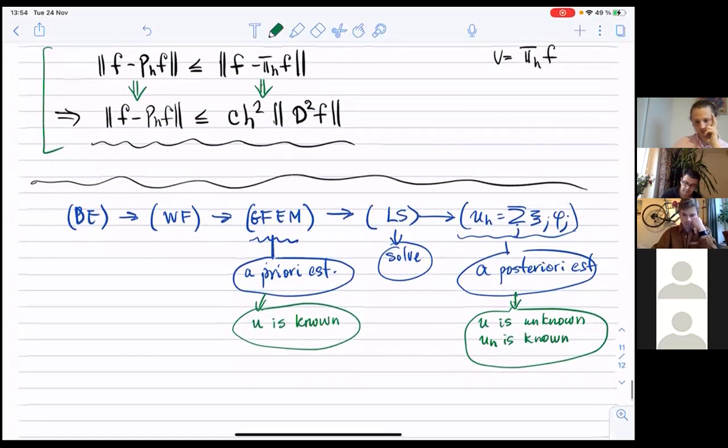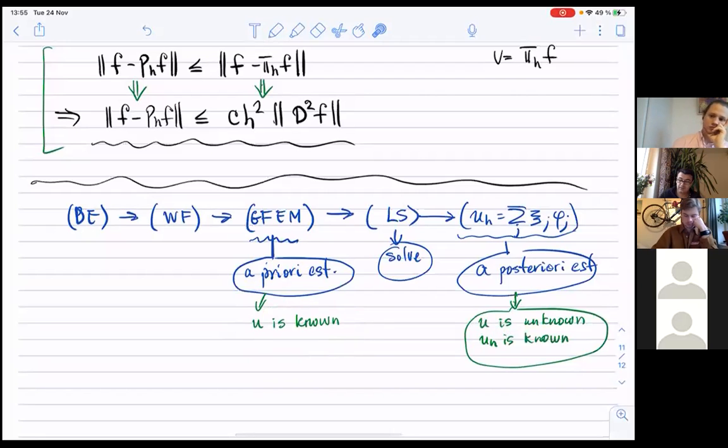Okay, so I guess you normally use the a posteriori estimate because when you go into industrial applications, how safe is it to assume that you know U exactly? Exactly. For example, for the Navier-Stokes equation, we never know if U exists. That's a millennium problem. But we can calculate UH without knowing if U exists.